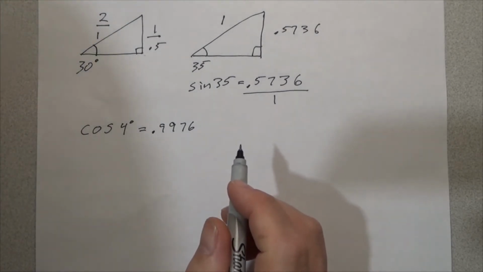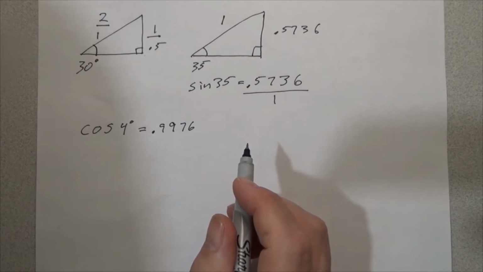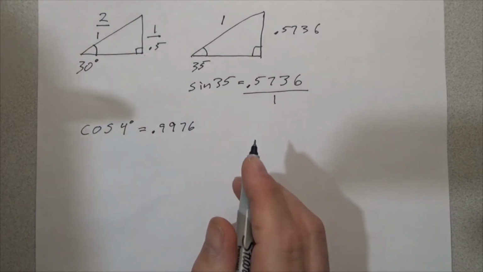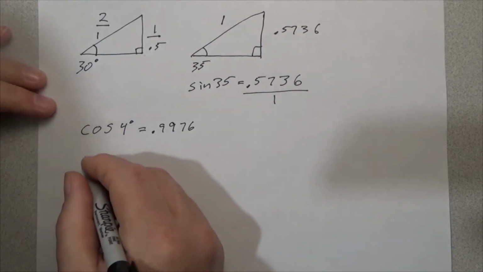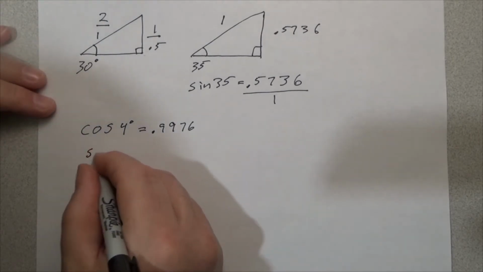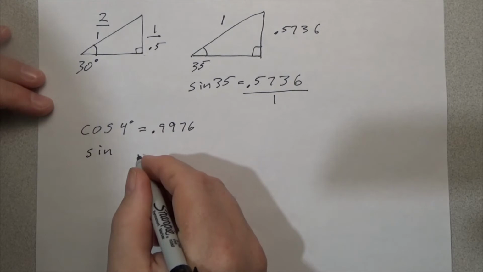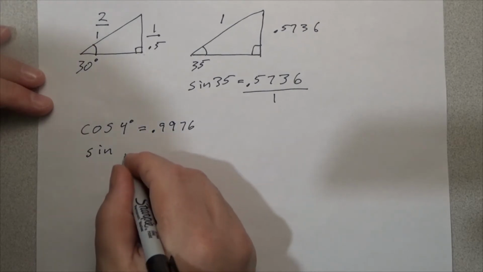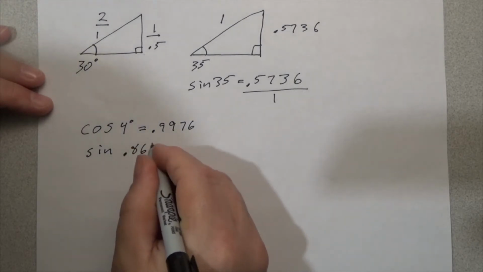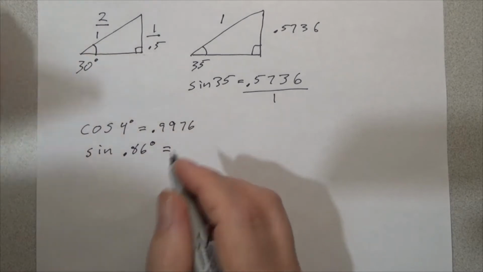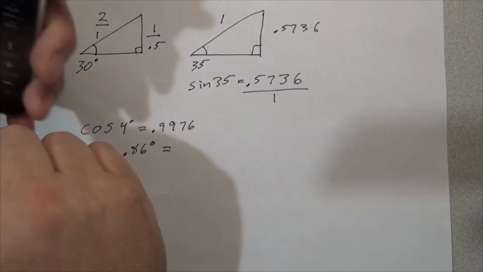And let's just look at a couple more. Let's look at number 20. Number 20 says the sine of 0.86 degrees. So let's look at that.